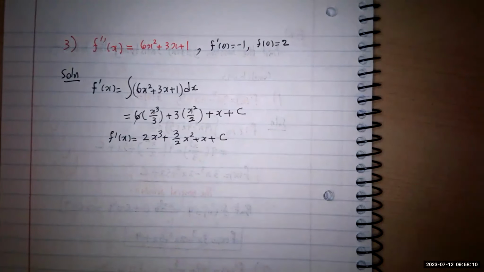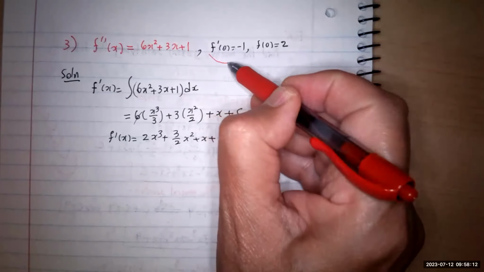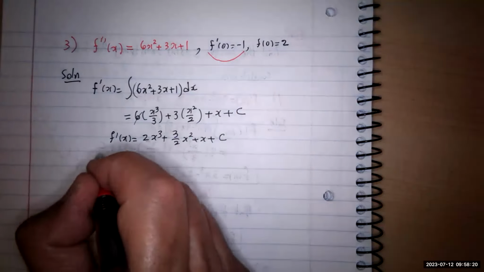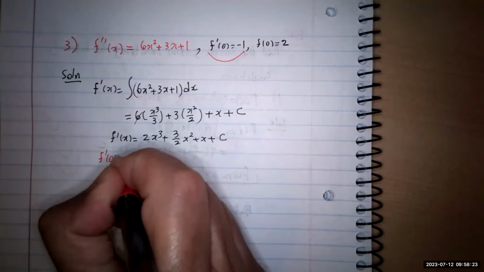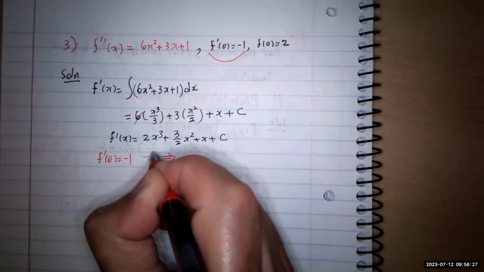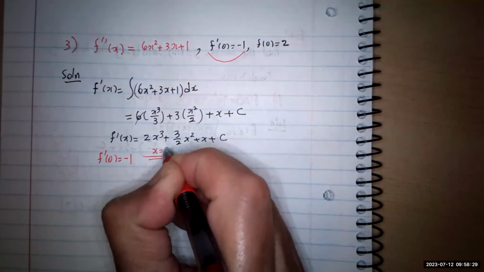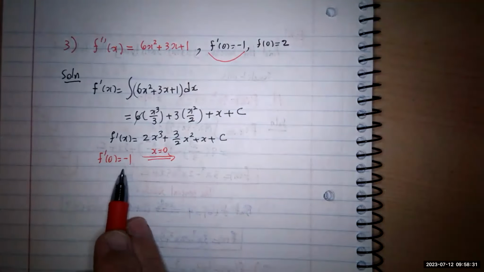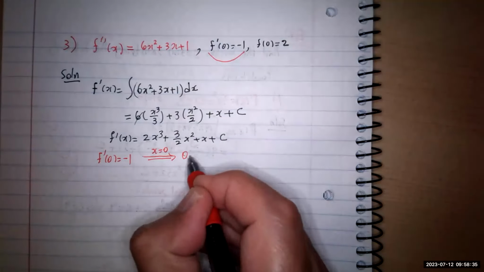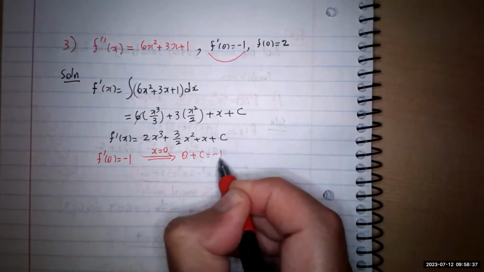Before moving on, you apply this condition to find the c. Some people do it at the end, which is no good. So we say, I have the initial condition of f prime of 0 equal to -1. This means go inside, replace x by 0. Whatever you have, you let it equal -1. 0, 0, 0 plus c equal to -1.